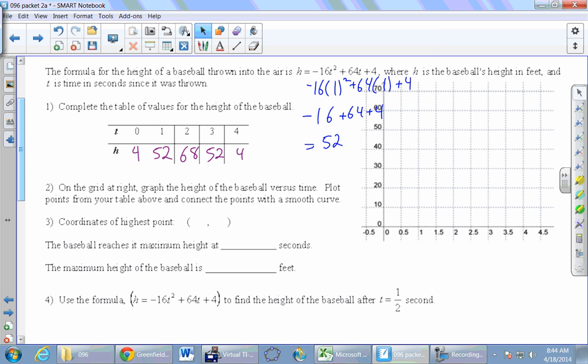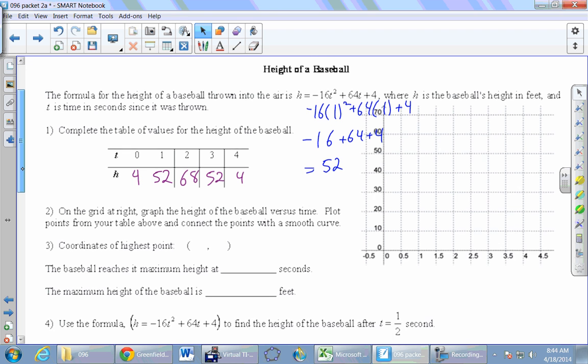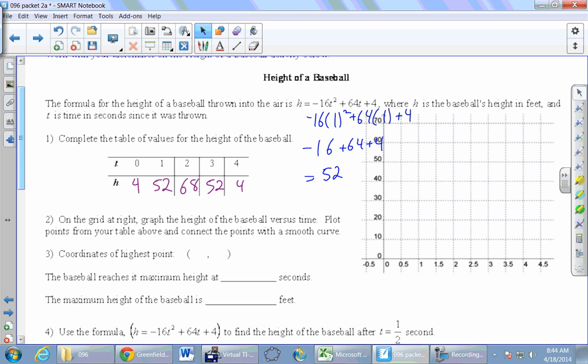Okay, so what does that mean? Well, t equals 1 represents 1 what? It is the input, but what is it? It's 1 second. And 52 is 52 what? Yeah, it's the height, which is measured in feet. That's what it says up here, right?